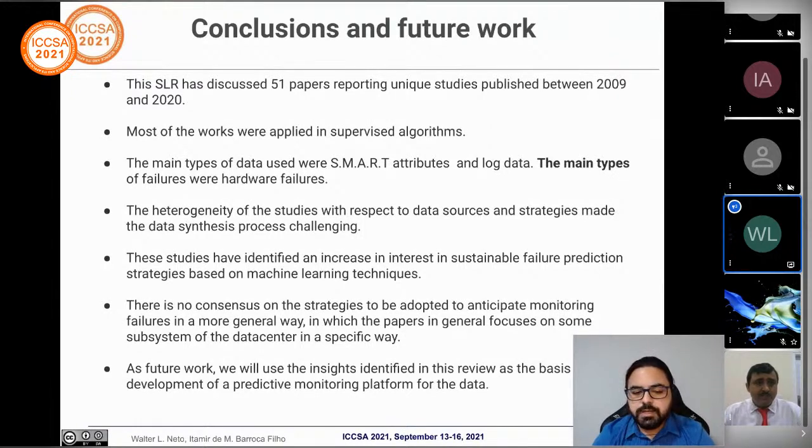So in general, the papers focus on a specific problem. It's more challenging to target a broad type of failure. And the main root cause of the failures was related to hardware failures. It was one of the findings.